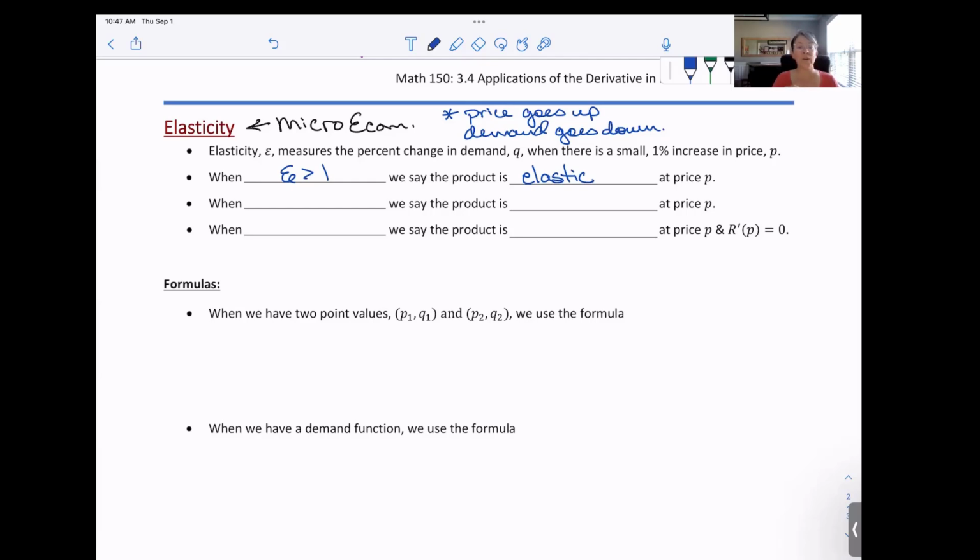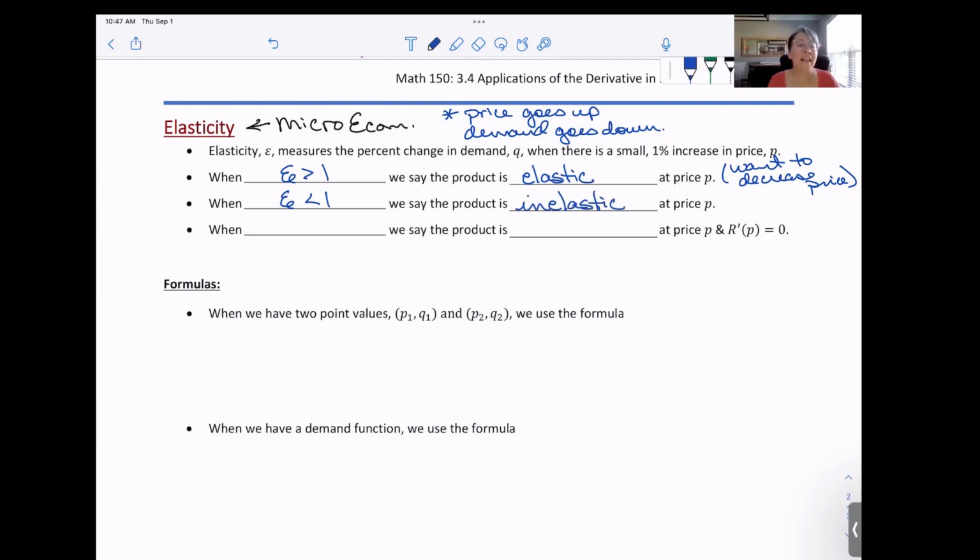In other words, there's going to be a much larger change in the demand in a negative way for a small change in price. So we want to decrease the price. Elastic's bad, we want to decrease the price. When the elasticity is less than 1, then we say the product is inelastic.